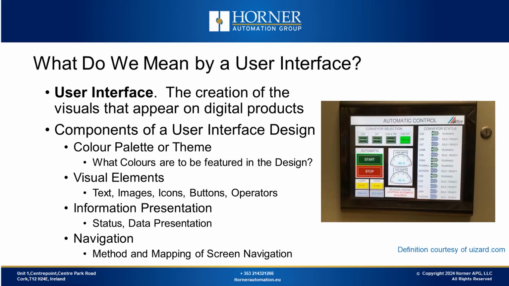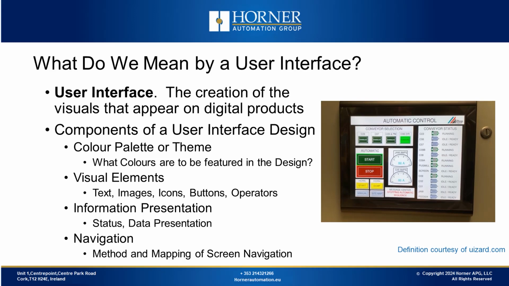First, we will define what a user interface is. In general terms, a user interface is simply the creation of visuals that appear on digital products. Examples of these include industrial OCS all-in-one controllers or an operator interface that's used in industrial application.